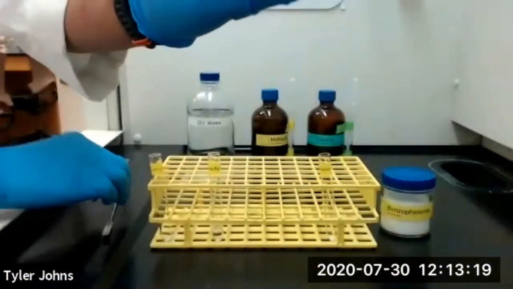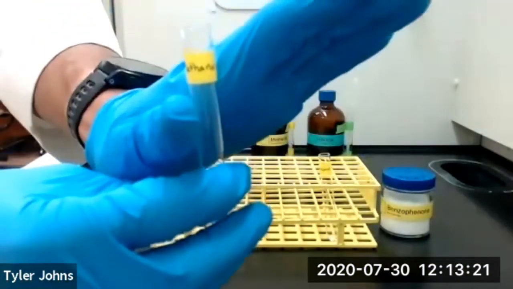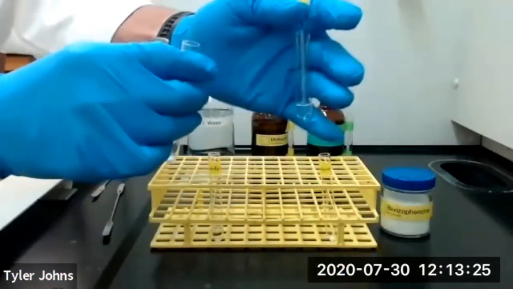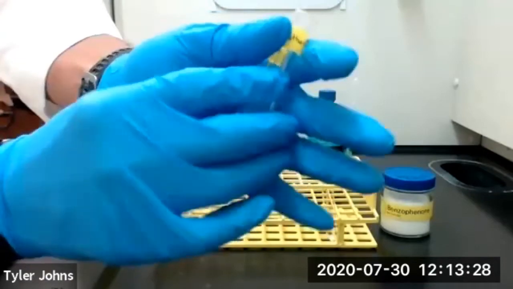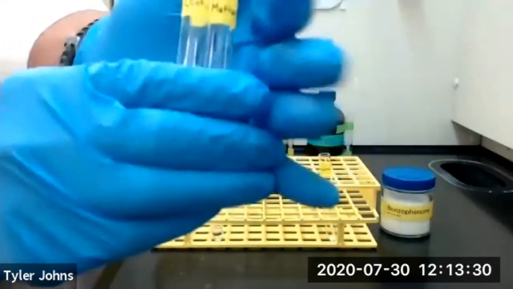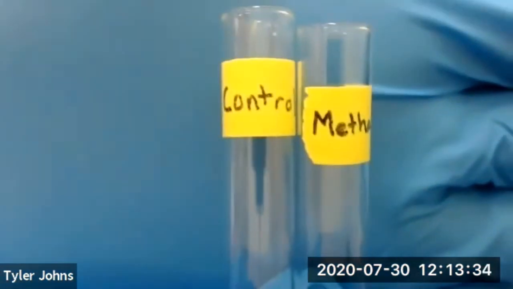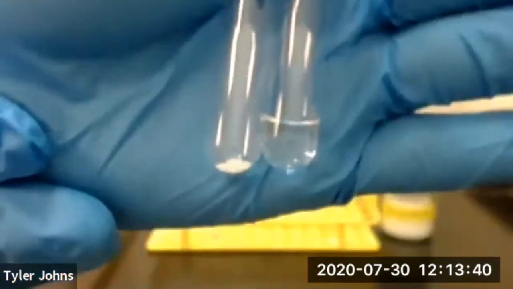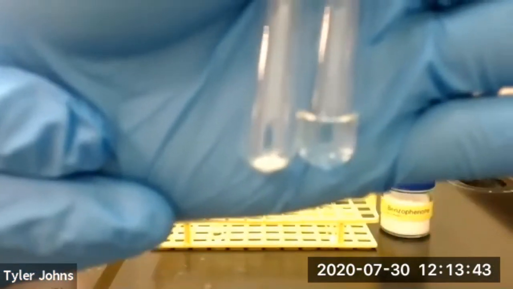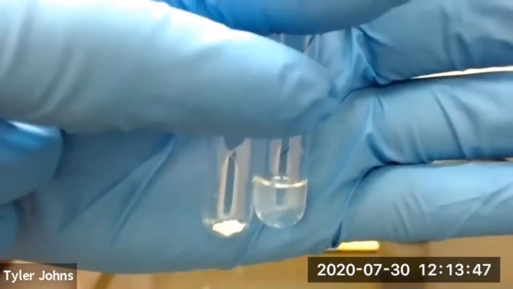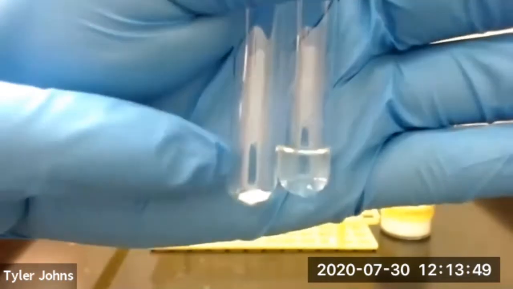You can see that after about 30 seconds or so, here's our control. So we have our control and our methanol. And here's the amount of solid benzophenone remaining in our test tube with methanol compared to our control.